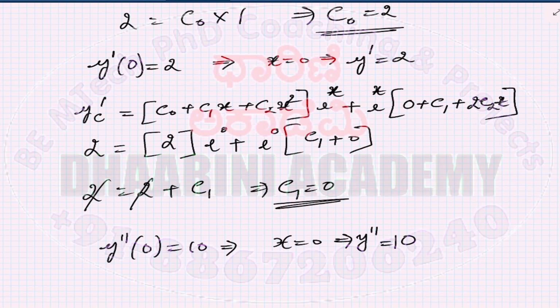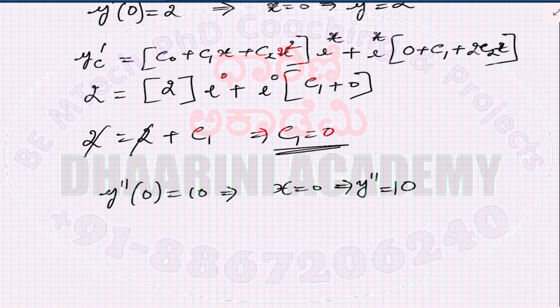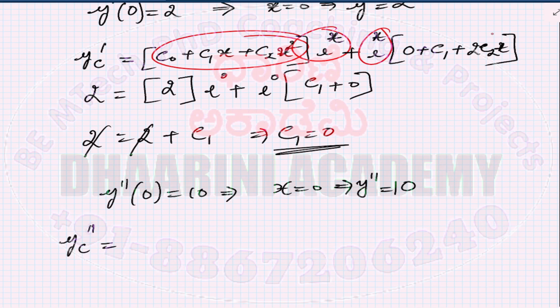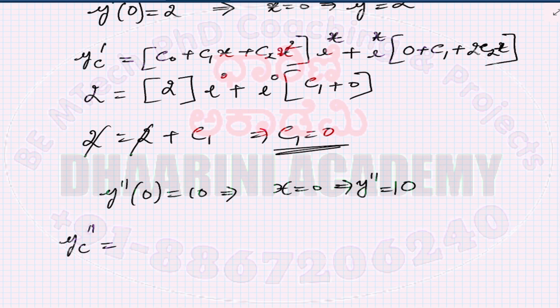So let's do that. That is yc double dash. I have to do differentiation maybe 4 times now, because this is u, this is v, this is another u, this is another v. So uv 2 times. It's the same rule, I have to do it twice, that's all. So let's do this now. First let me keep the first term as it is.